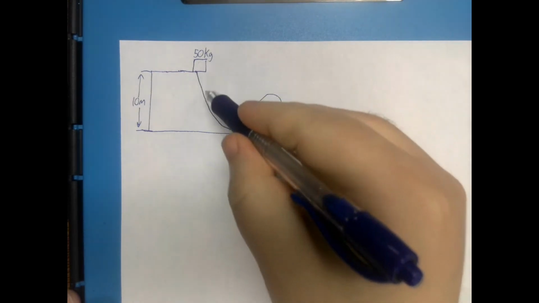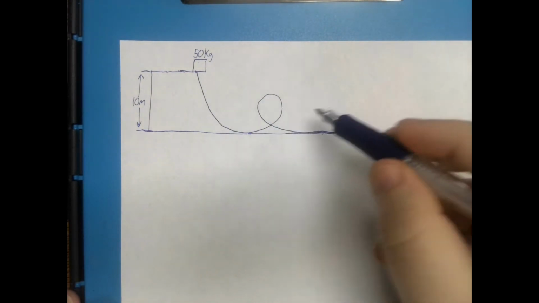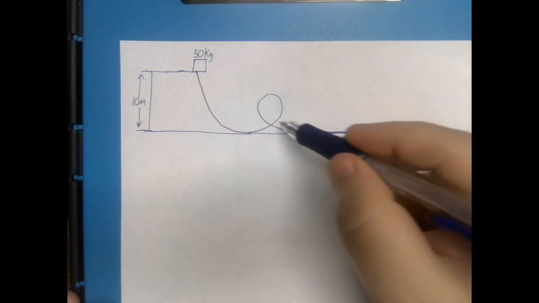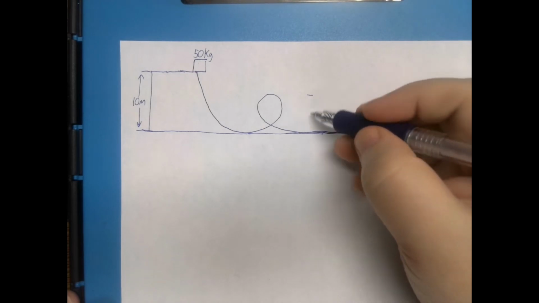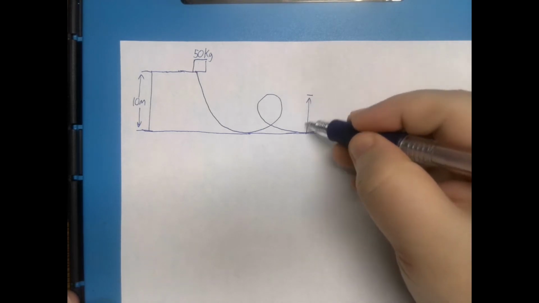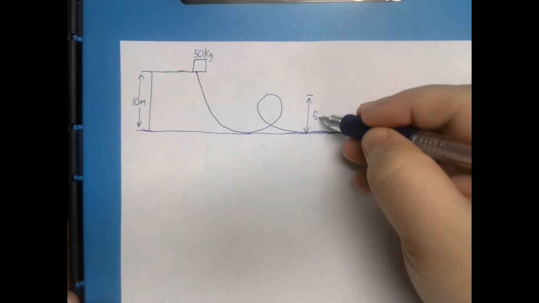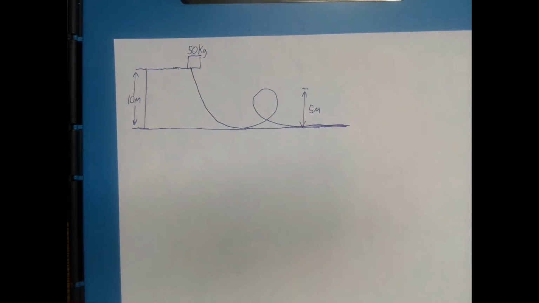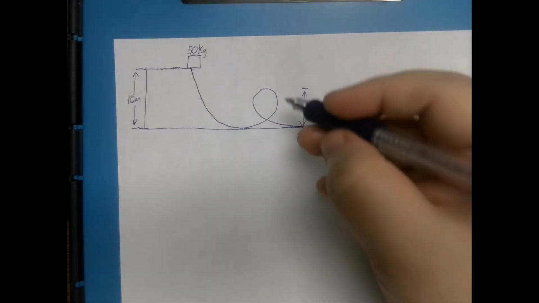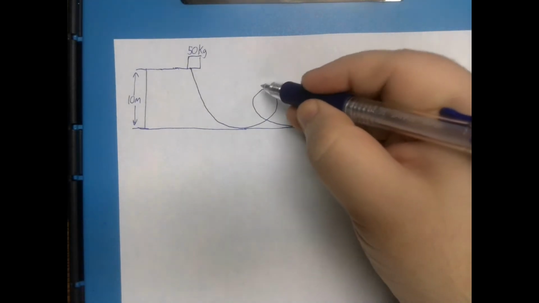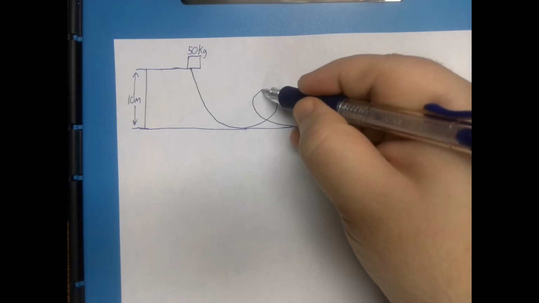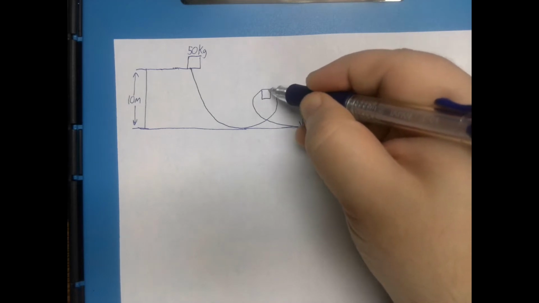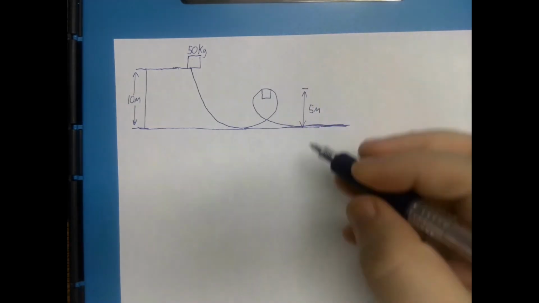And it goes down this slope and makes a loop-de-loop. This loop-de-loop is 5 meters tall. My question is, once it slides down, how fast will it be going at the top of this loop?